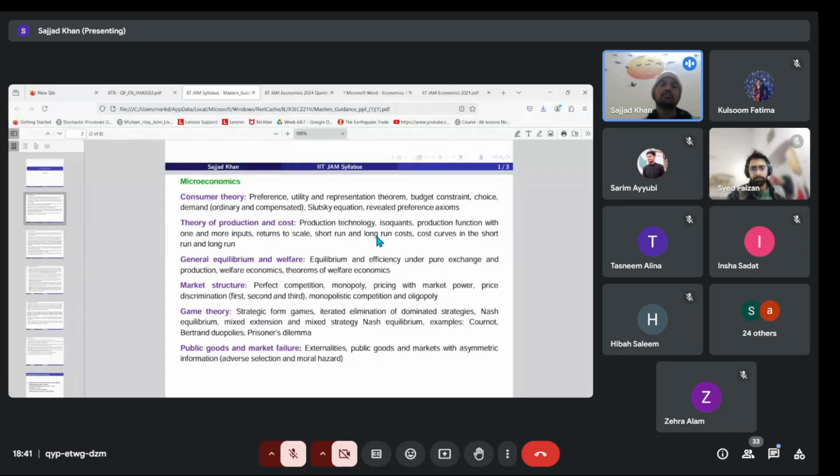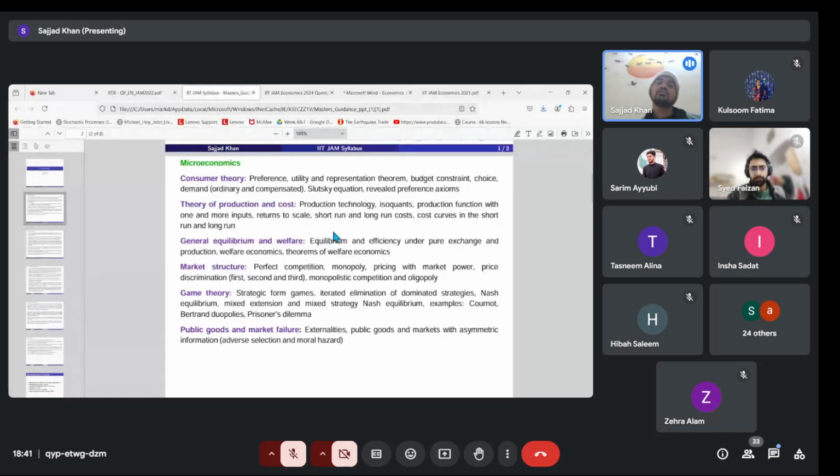If you go for general equilibrium and welfare, mostly questions are based on Walras' theorem and then the welfare theorem. First law: why competitive markets are efficient, why all competitive markets are Pareto efficient.